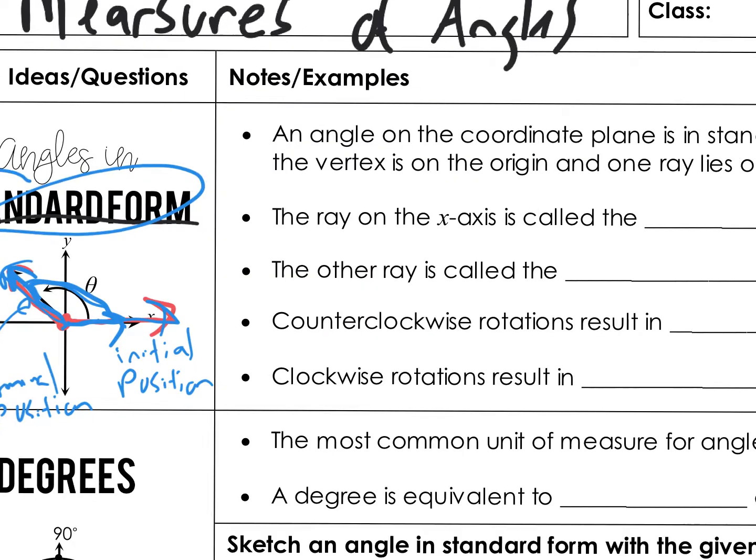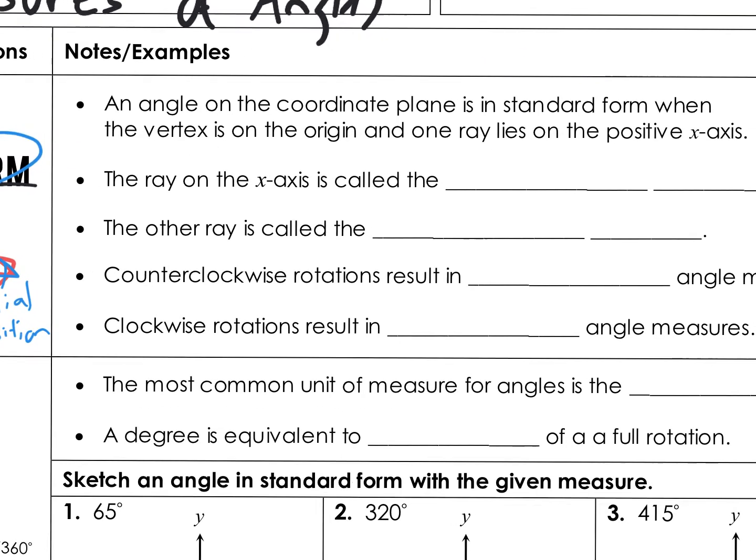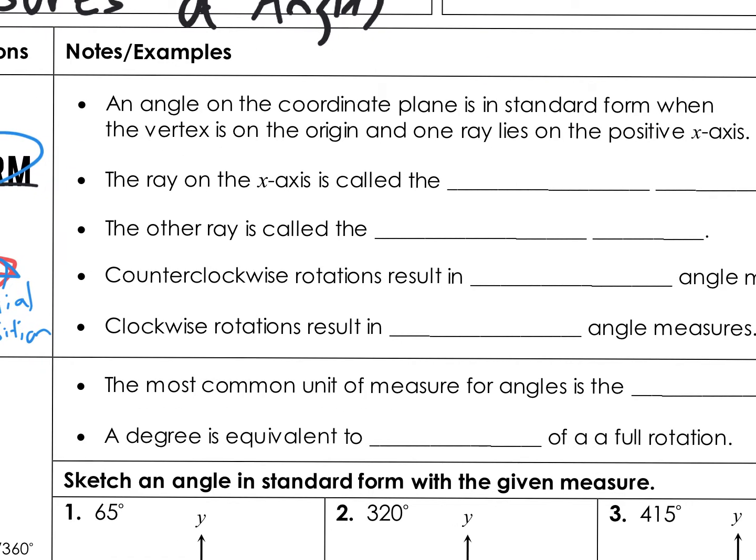And let's see what we have in the notes here. An angle on the coordinate plane is in standard form when the vertex is at the origin and one ray lies on the positive x-axis. Is that what I said? Yeah, one of them has to be laying on the x-axis. The ray on the x-axis is called the... I think she had the wrong word.